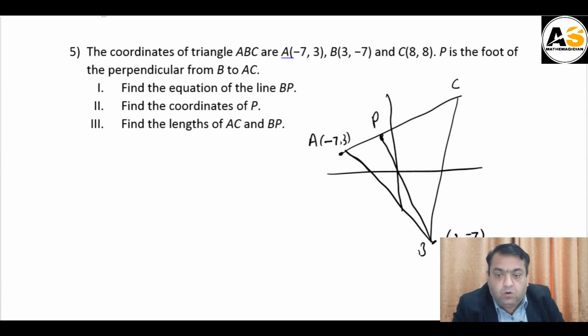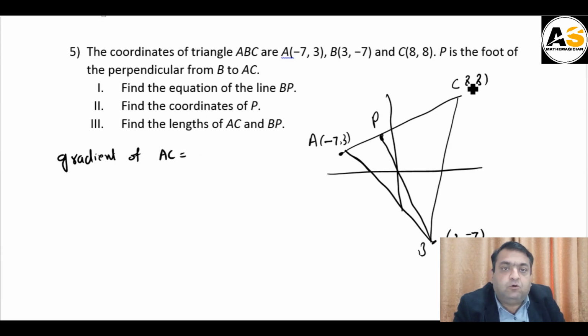What is the gradient of AC? Why am I calculating the gradient of AC? Because this line, PB, is perpendicular to AC. So if I know the gradient of AC, I can find its gradient.